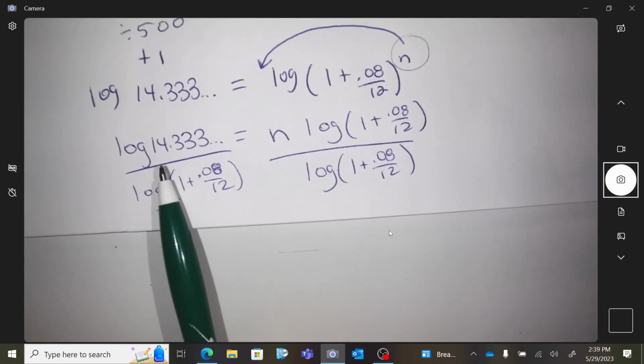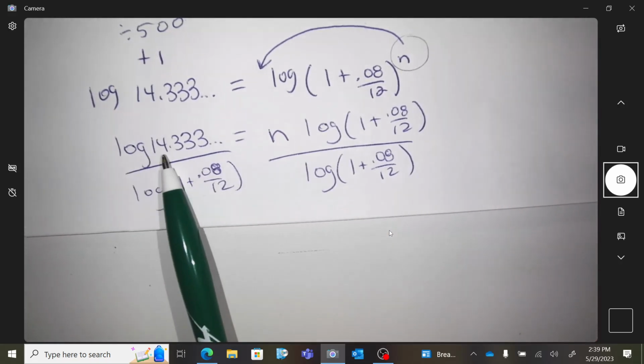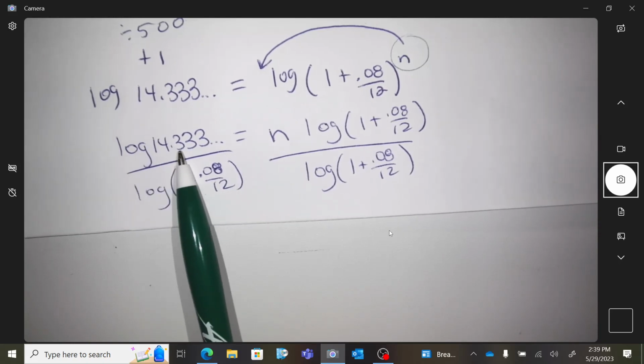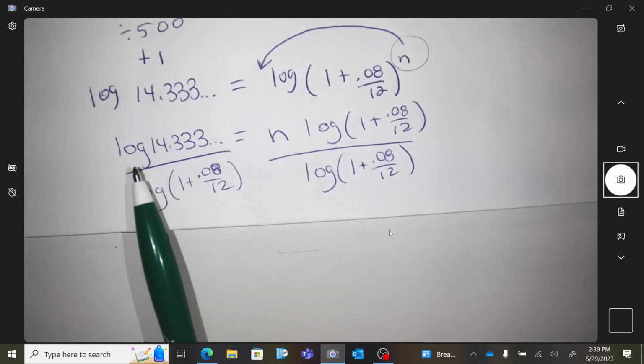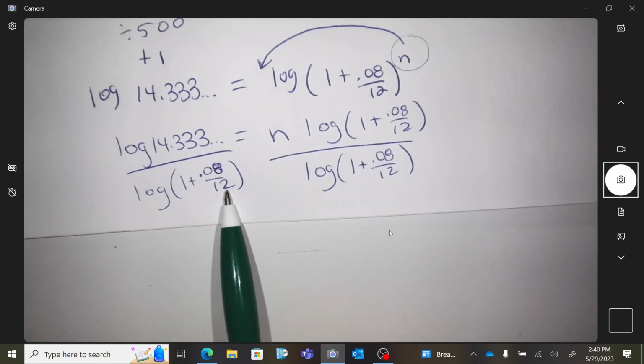Oh. This is -1. Okay, so I'm gonna actually go log of my answer divided by log of brackets. This has to go in brackets like I have.